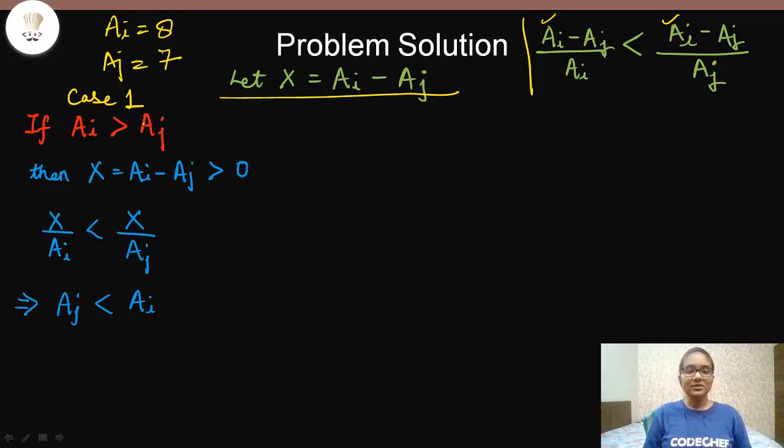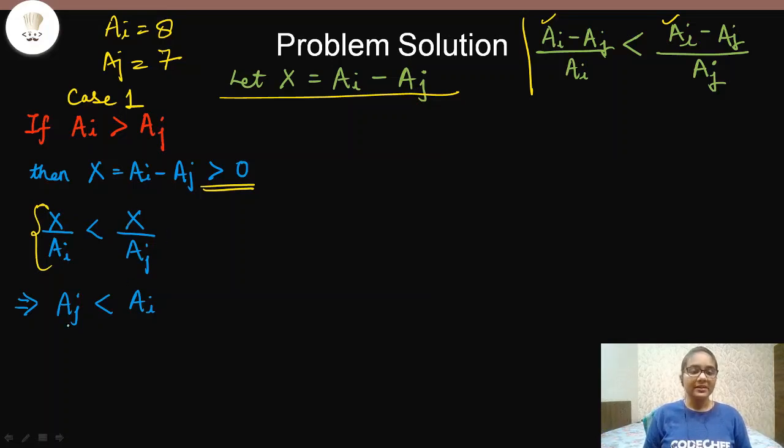Now when we do AI minus AJ, 8 minus 7 will be equal to 1, and for that matter any number in which AI is greater than AJ will always give a positive value, right? So if we have a positive value and then we try to figure out this equation, what kind of pairs will satisfy this condition?